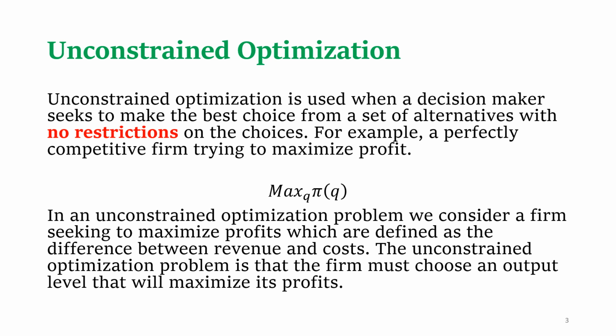So we have the objective function. As a matter of fact, for an unconstrained optimization problem, all we need to do is to differentiate the objective function. And the objective function here is to maximize profit. So there are no sets of constraints here. So this is what we're going to do under profit maximization.